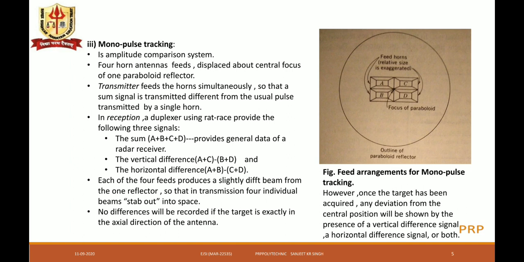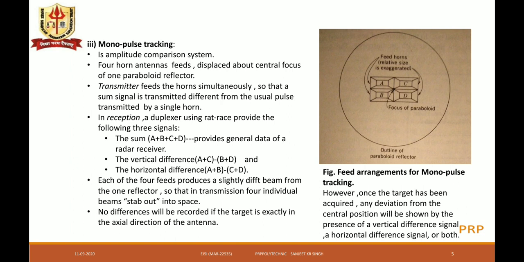Whereas once the target has been acquired or detected, any deviation from the central axis of the dish or reflector will be shown by the presence of a vertical difference signal or a horizontal difference signal or both.